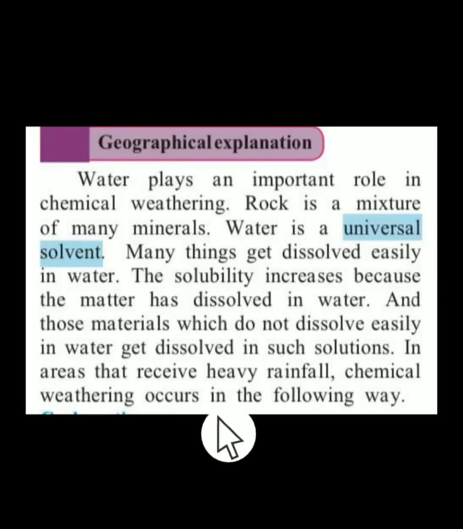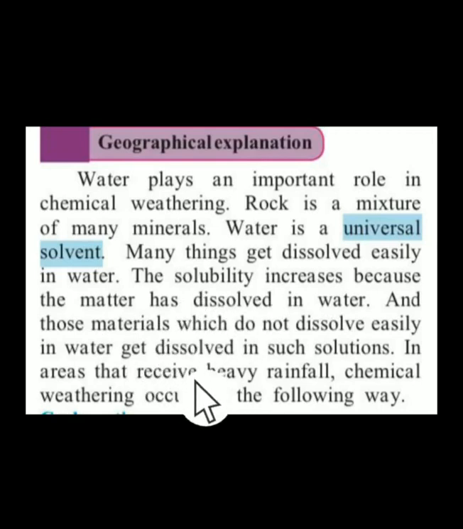Now, my dear students, let us understand that for chemical weathering, one of the most important requirements is water, because water is called a universal solvent. That is, most things can get mixed with water. Many things get dissolved in water easily. Take sugar, take salt, it gets easily dissolved in water.